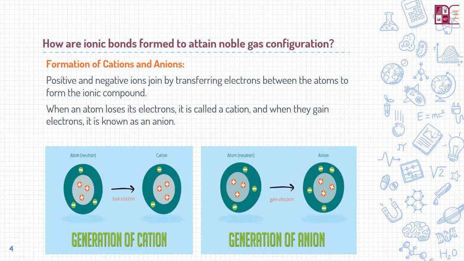Let's begin. First of all, any atom has electrons in its outermost shell, and those are the electrons which are involved in a chemical reaction. So only the outermost shell electrons, also known as the valence electrons, will be involved in a chemical reaction.